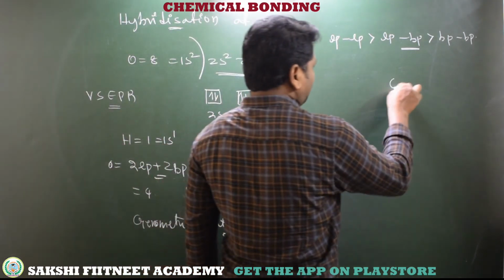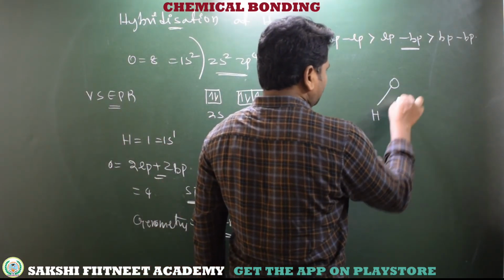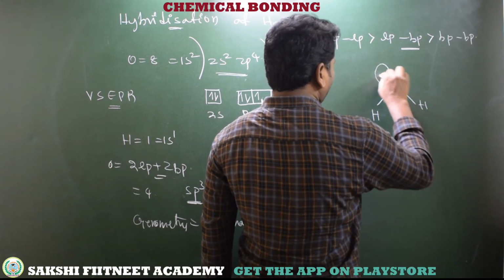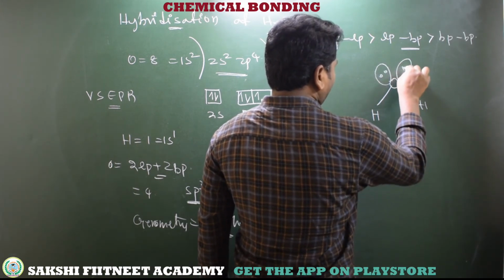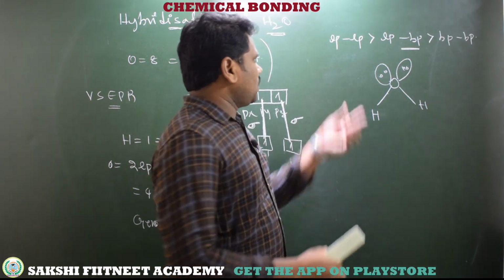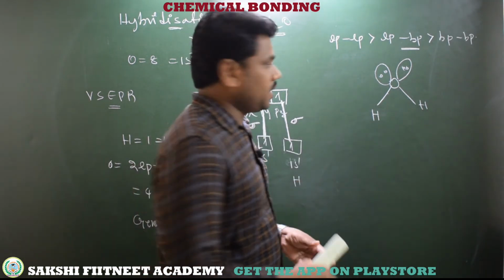So what about the bent shape here? Oxygen shows 2 lone pairs and 2 bond pairs. Here lone pair-lone pair repulsion is very high.